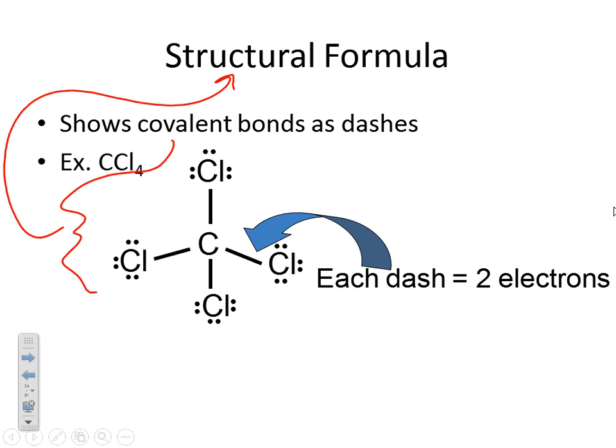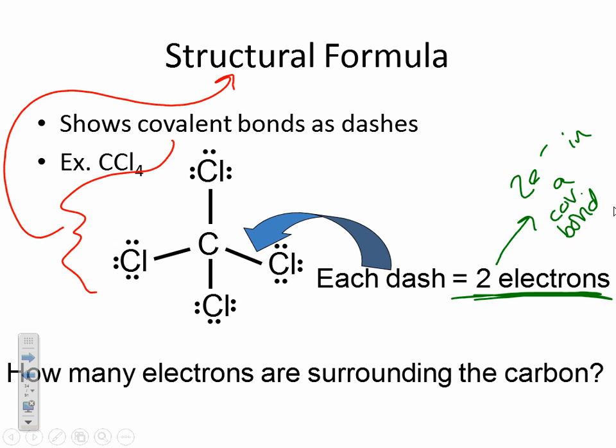And each dash that you see, and this is a massive, massive point, represents 2 electrons because there are 2 electrons in a bond, in a covalent bond. So every time you see a dash, that indicates that there are 2 electrons. Now, if we look at this from the point of the octet rule, how many electrons are surrounding the carbon? Well, surrounding the carbon, we have this dash, this dash, this dash, and this dash.